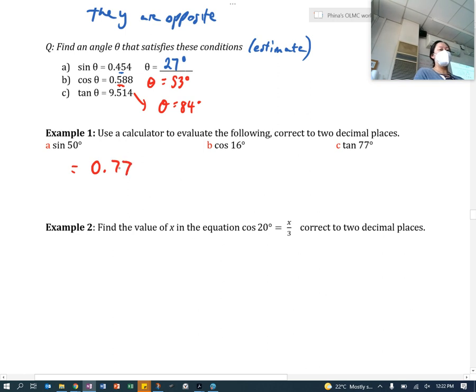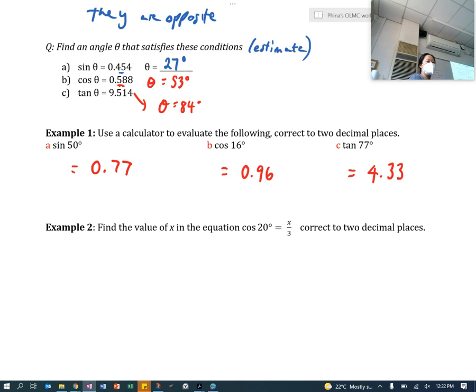Yep, so 0.77. It just says so in the question because it asked you to round. Then cos 16 degrees, 0.96. Thank you very much. And tan 77, 4.33. Okay, good. So as long as that's just evaluating the values of the ratios.